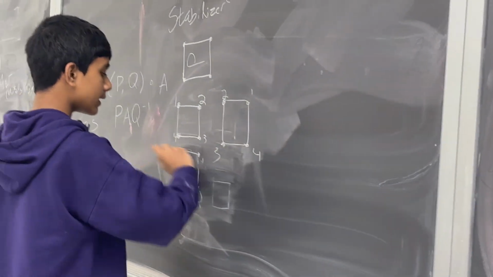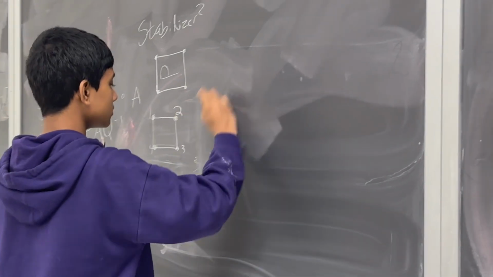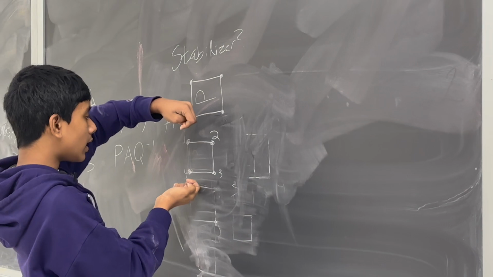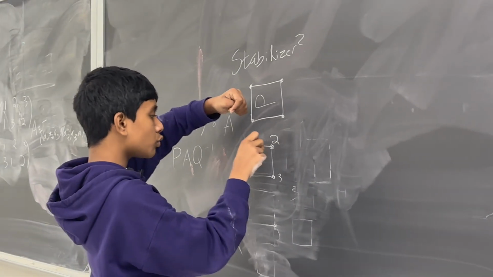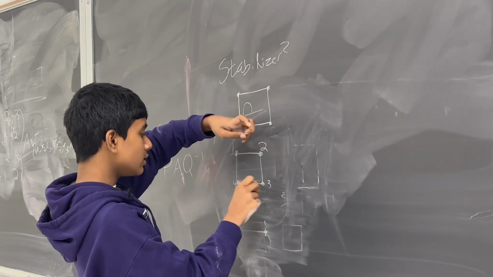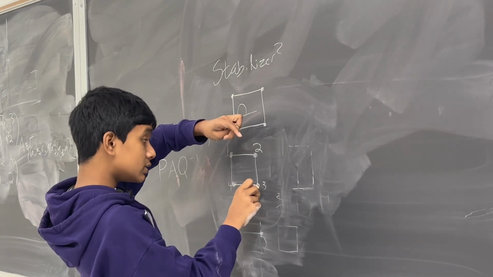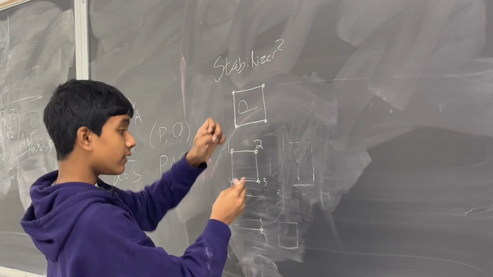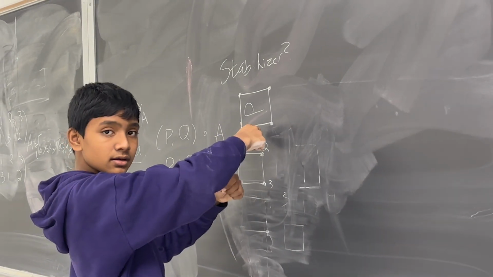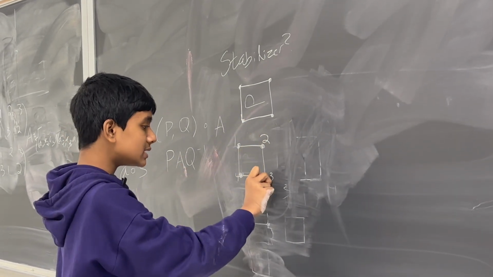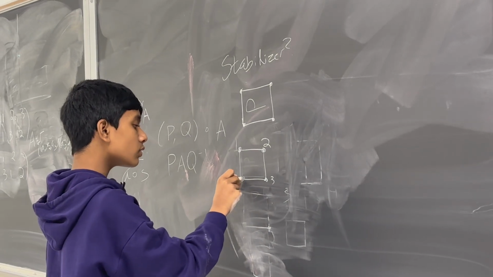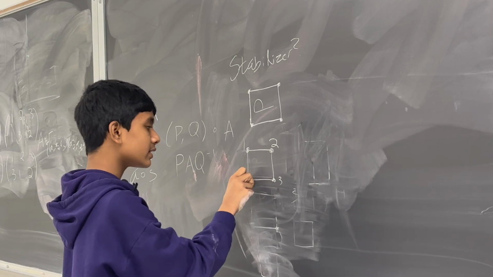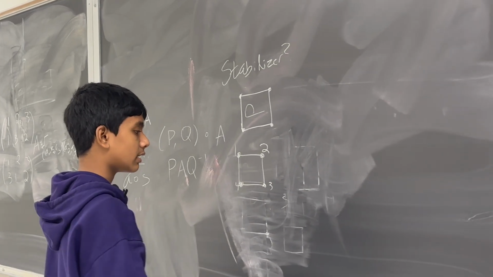So I'm going to illustrate it this way. If I rotate it this direction, clockwise, now 4 is here, 1 is here, 2 is here, and 3 is here. And then, if I now reflect it... Okay, no, I'm not going to do it that way.